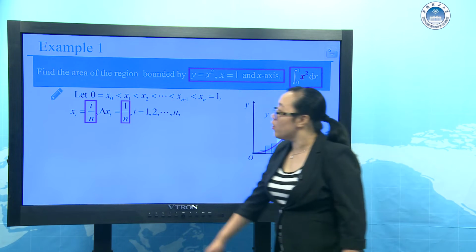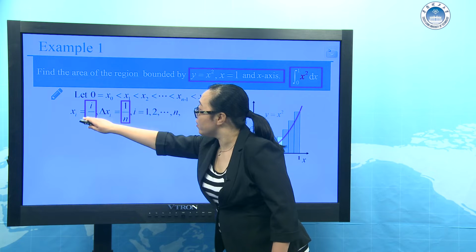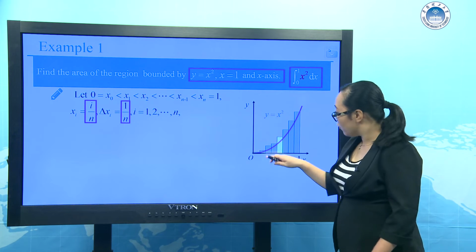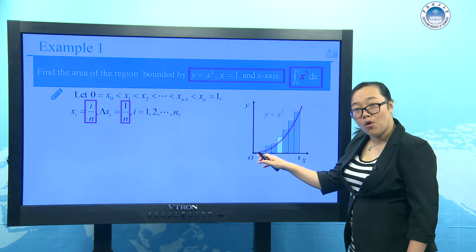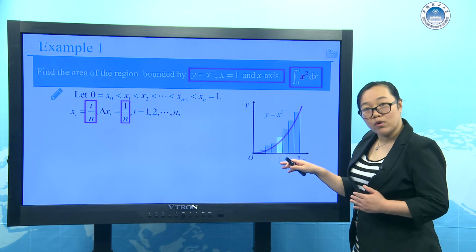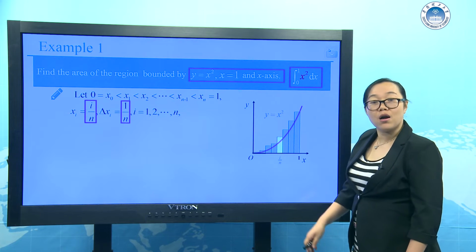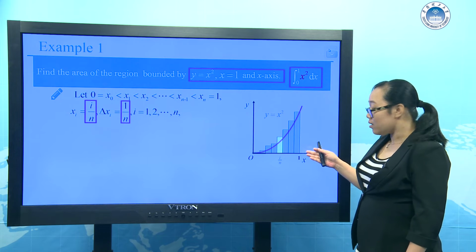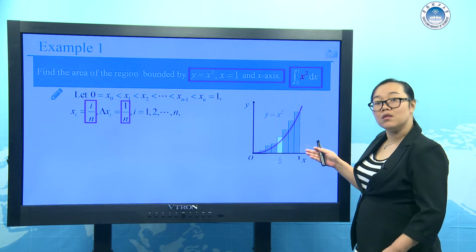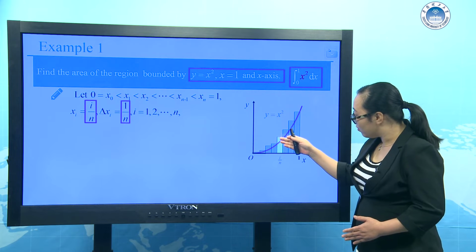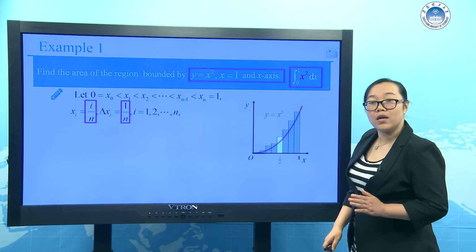Taking the point xi equals i over n. Look at the first one: the ending point is 0 over n, which is 0. This point is 1 over n. The last point is n over n. So in this interval, the point is i over n.